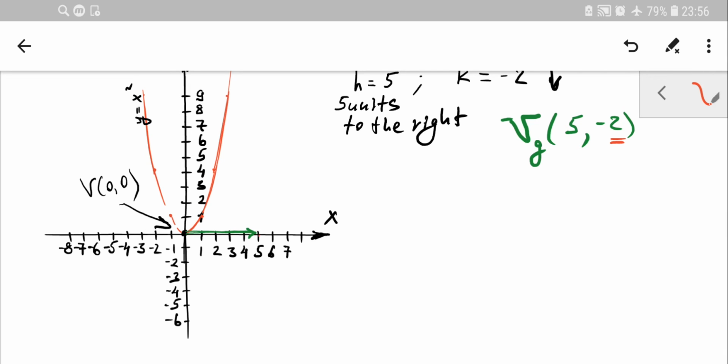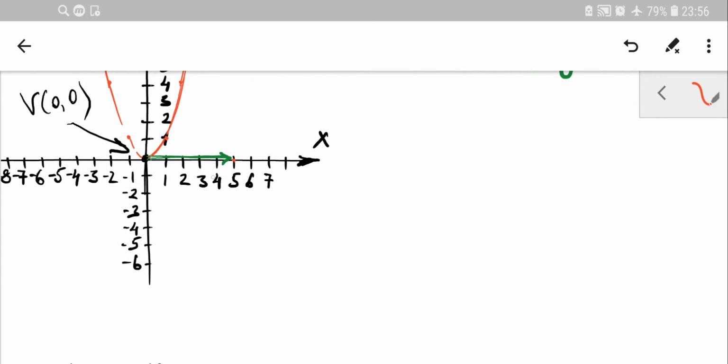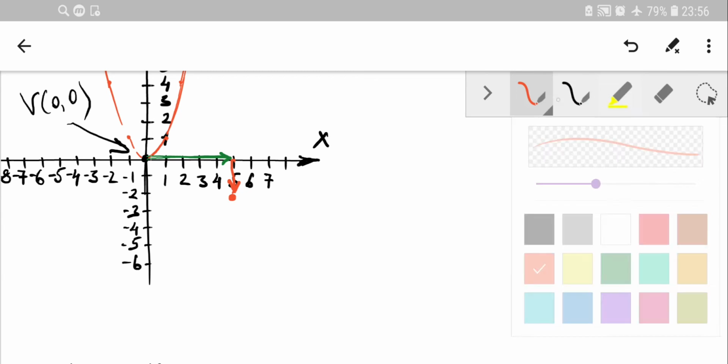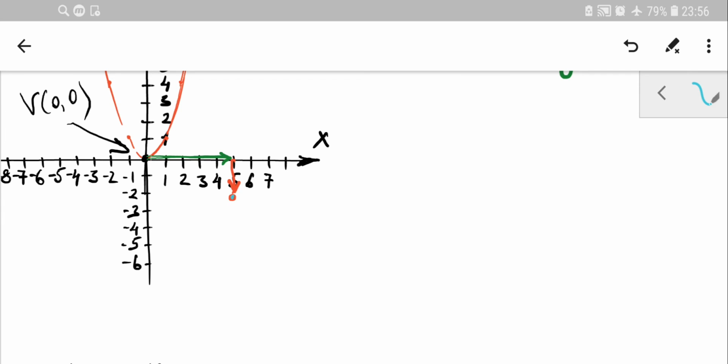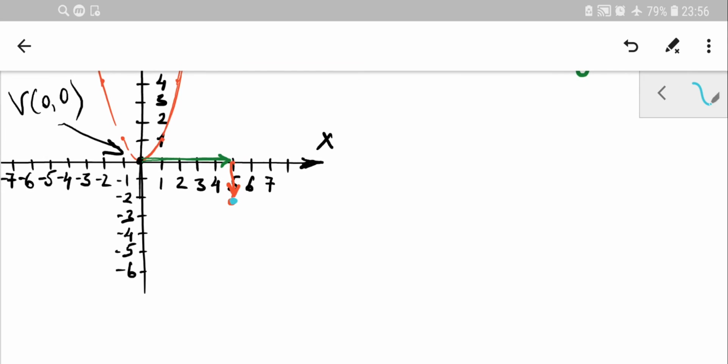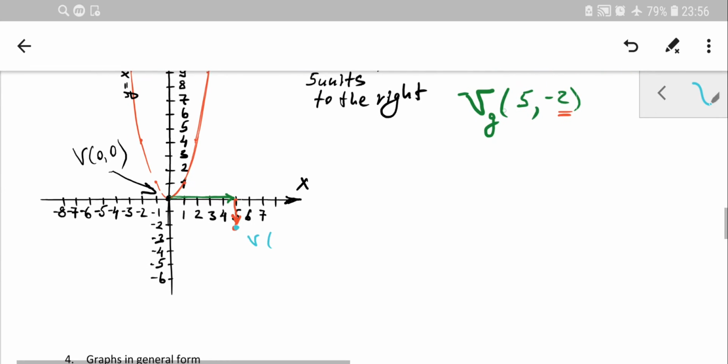Okay, so from that point we just combine transformation and we put 2 units down, so it should be somewhere here. All right, that's the new vertex coordinate. Okay, I'll use the blue color for the parabola, so that's our vertex, and now it has the coordinates according to what we've got. So 5 and -2.